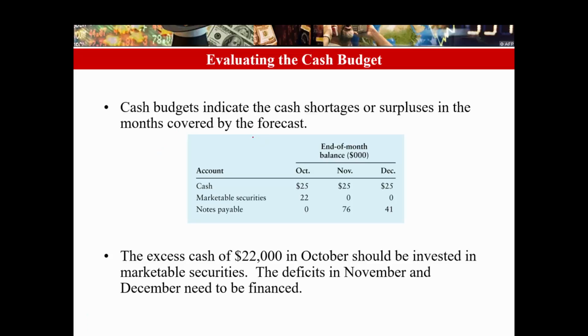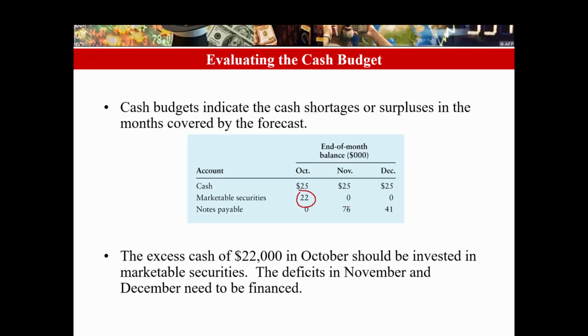So just to summarize, cash budgets indicate the cash shortages or surpluses in the months that are covered by the forecast. And in our simple example, we found out that we will maintain a $25,000 cash balance during these 3 months. In October, we will have $22,000 in marketable securities, because this surplus is going to be placed.